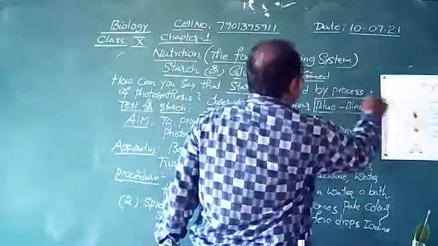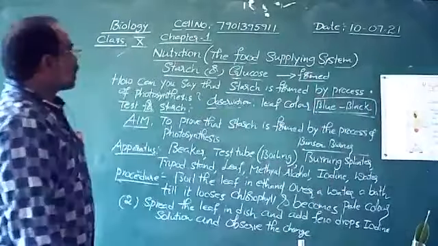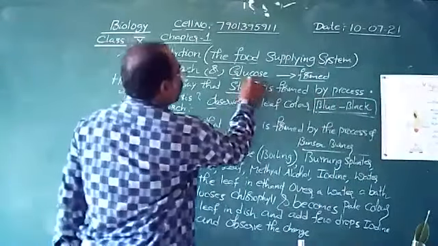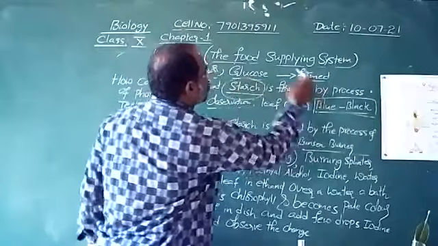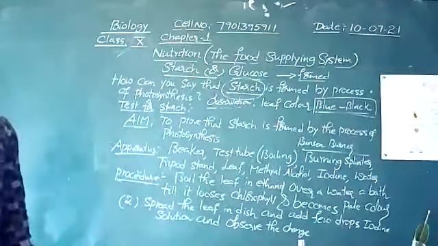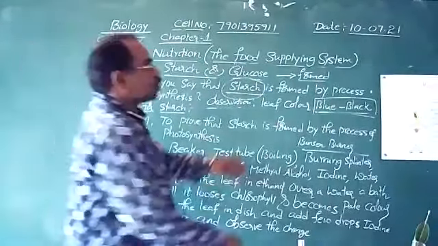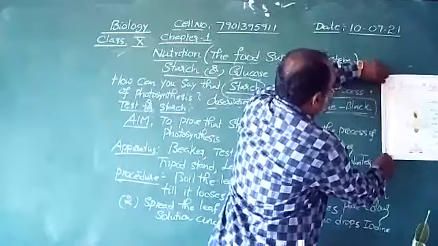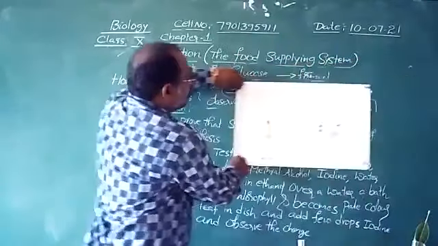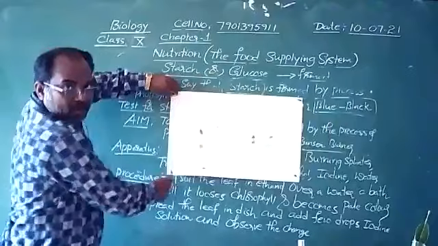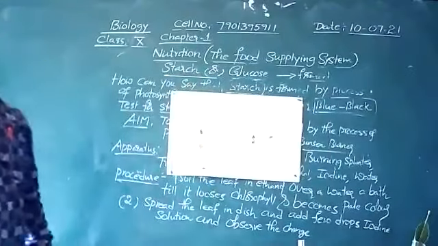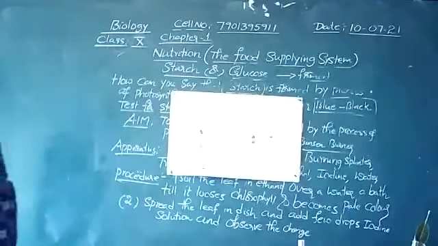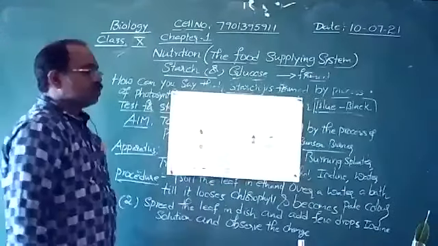This color indicates that starch is formed by the process of photosynthesis. And you have to draw the rough diagram, my dear students.